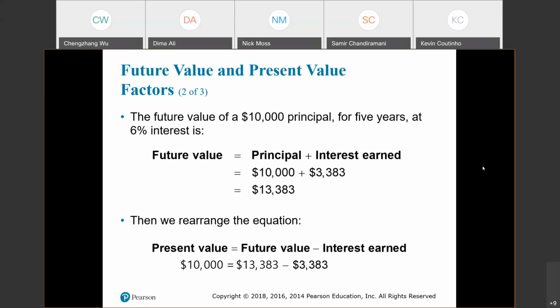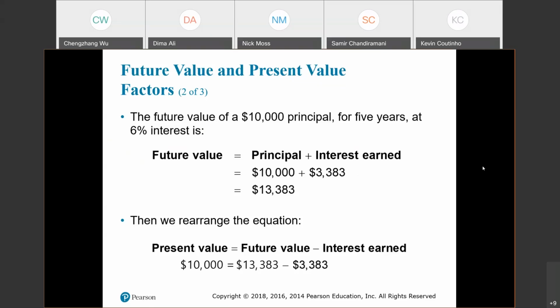So the calculation is simple. We use future value equals present value plus interest earned. We know the present value or the principal equals 10,000. This number is given.